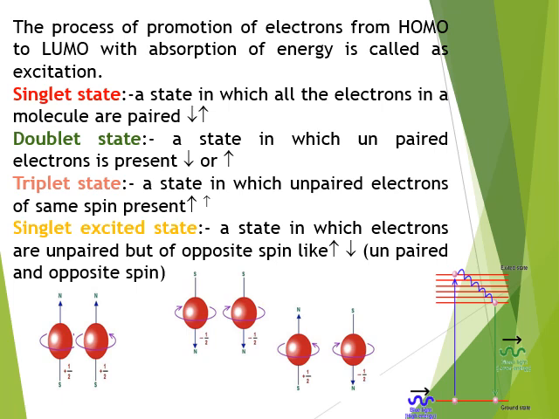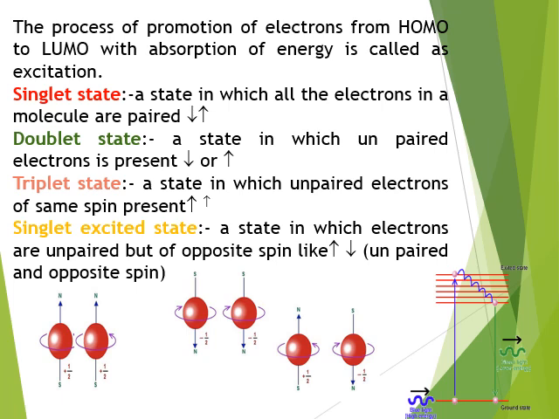There is another state known as the doublet state. This is a state in which there are unpaired electrons, one going up and the other going down. These unpaired electrons are said to have opposite spin. They are all single. That is a doublet state. A triplet state is a state in which the unpaired electrons have the same spin.